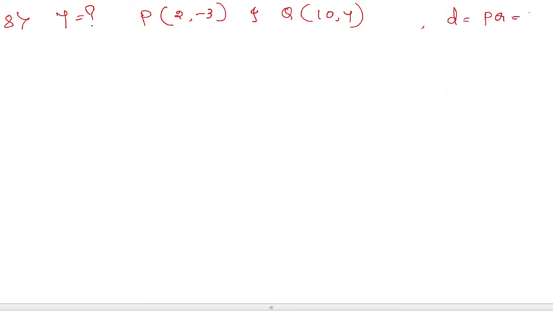Here we have to find the value of y. The distance between the points is given: the coordinates of P are (2, minus 3) and Q are (10, y), and the distance PQ is equal to 10 units.